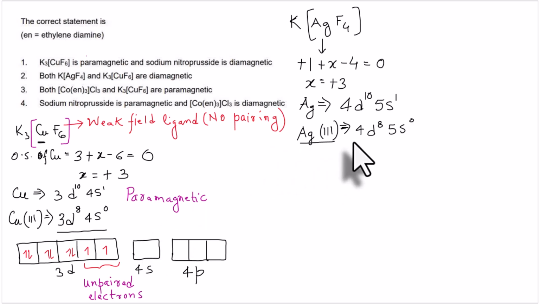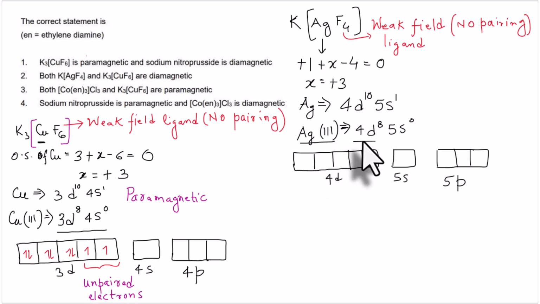Now we have to arrange these 4d8 electrons. Before that, let us check the nature of the ligand coordinated to silver. It is again fluoro, a weak field ligand which will not favor pairing. Now we arrange the 4d8 electrons like we arranged in the case of Cu3+.